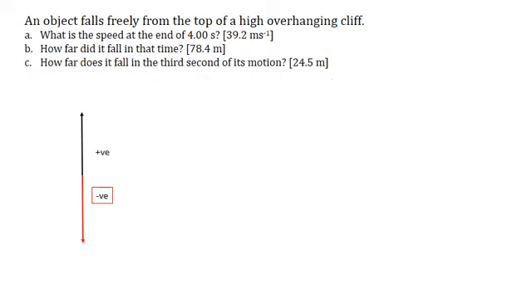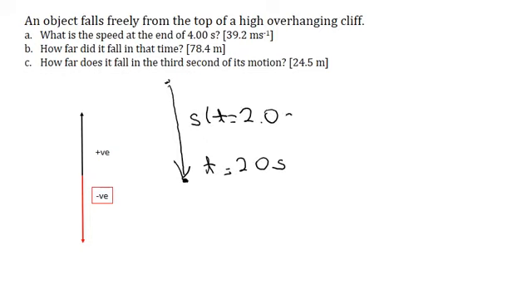So let us analyze this situation with a simple diagram. Now let's assume it starts from here, and after t equals 2 seconds, it's at this particular point. So this vector represents the displacement vector at t equals 2 seconds.